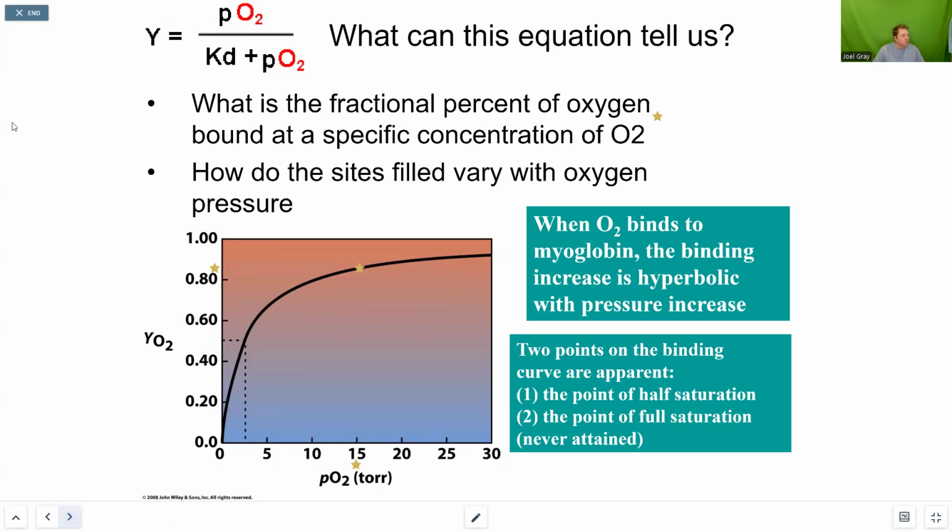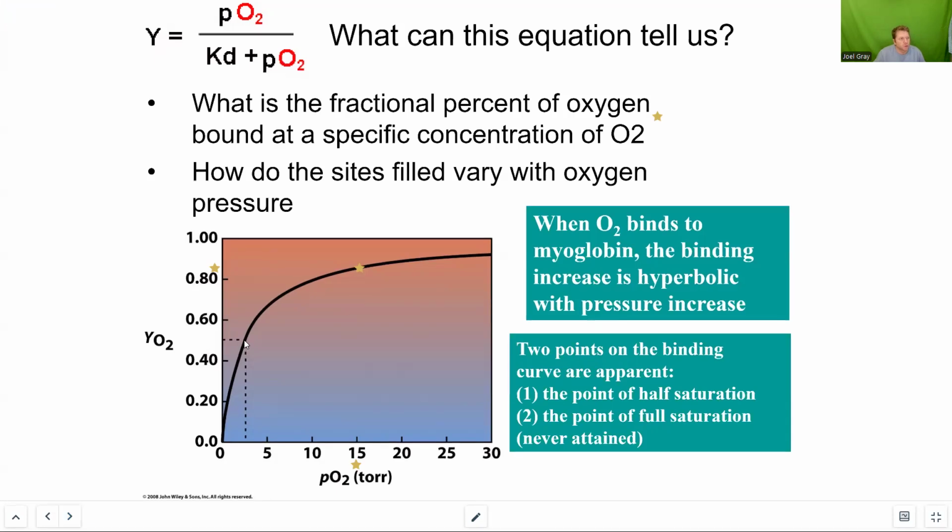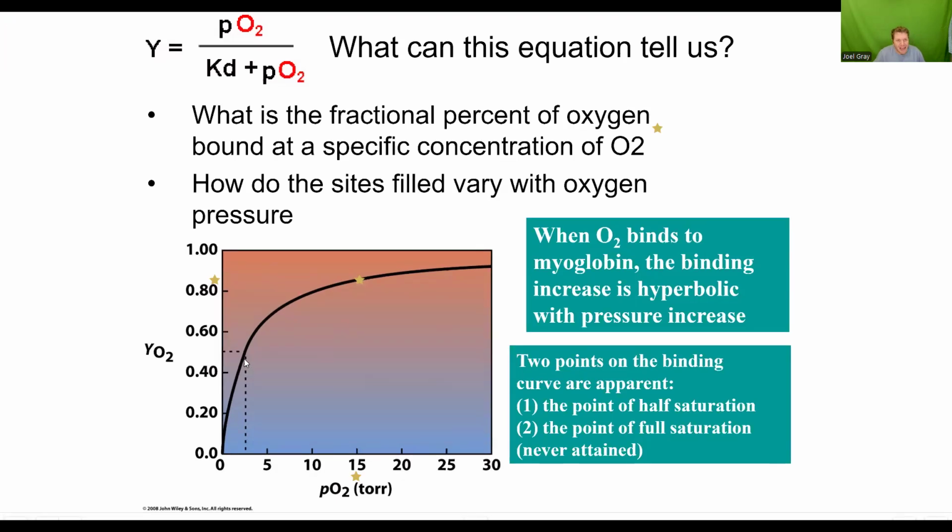One of them is what is known as our half saturation point. So in that case, we're going to look along our y-axis because whenever our y-axis reads 1.0, effectively our protein is 100% saturated. The point on our y-axis where we find 0.5, or 50%, is the concentration that gets our protein to half saturation.